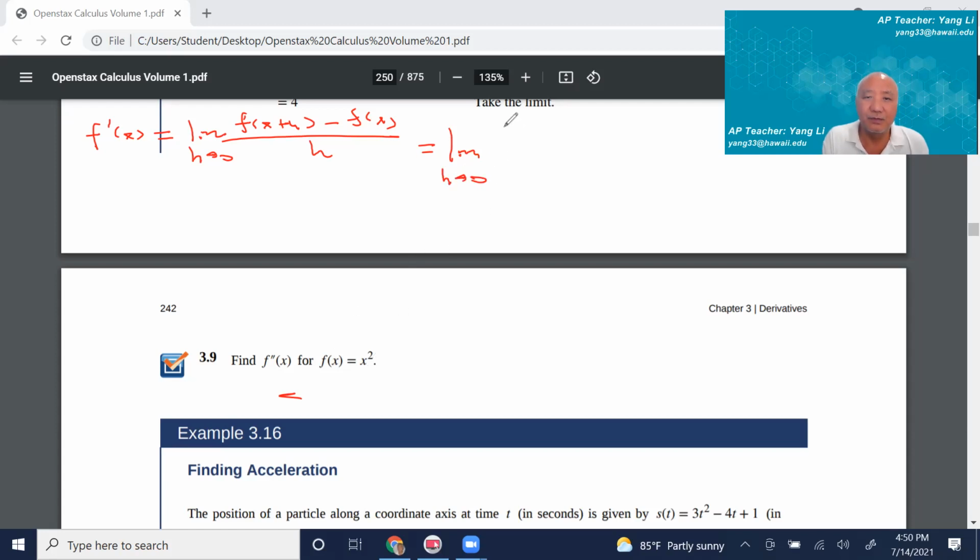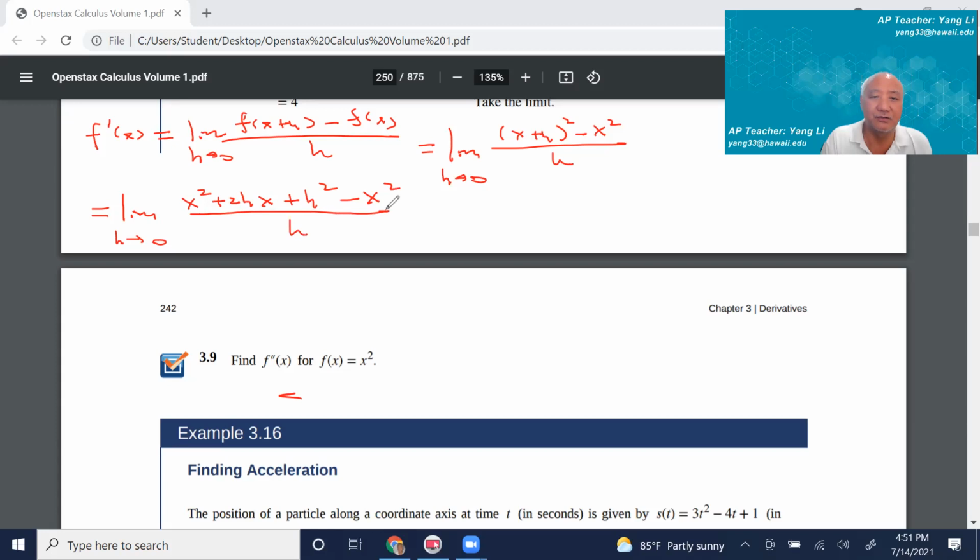And then this one will be (x plus h) squared minus x squared over h, like this, right? Substitute in, and then you will get what? This one, I still put the limit here, h approaches 0. This one you can write as x squared plus 2hx plus h squared minus x squared over h.